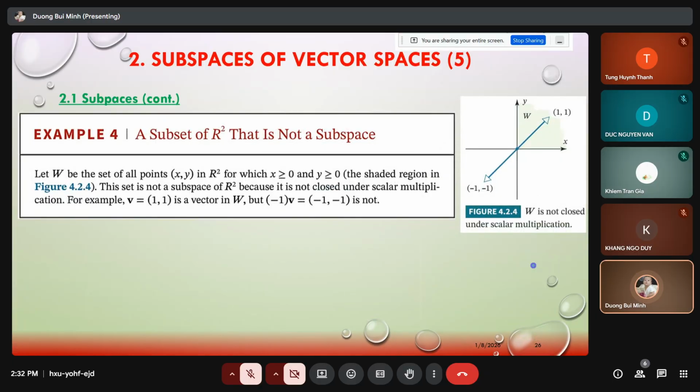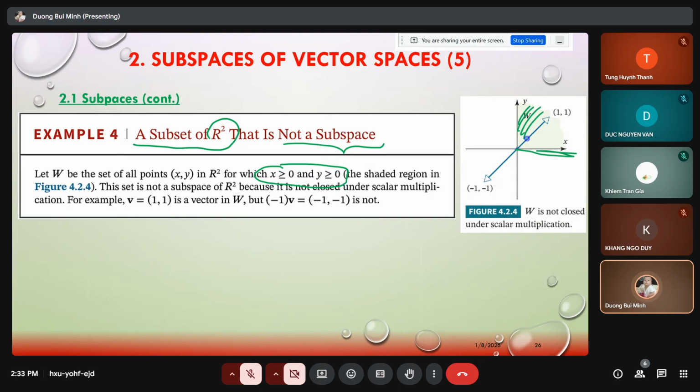So look. A subset of R2 that is not a space. Why? Actually, we have a constraint. We only consider x greater than or equal to 0, and y greater than or equal to 0.